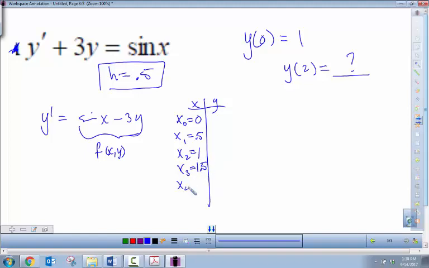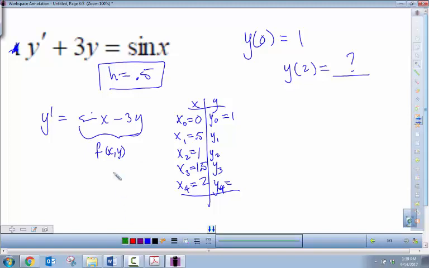And then x of 4 is equal to 2. And that's where we want to end here. And the only y we know is the first one. For us to get the other y's, we need to use the function and its derivatives.